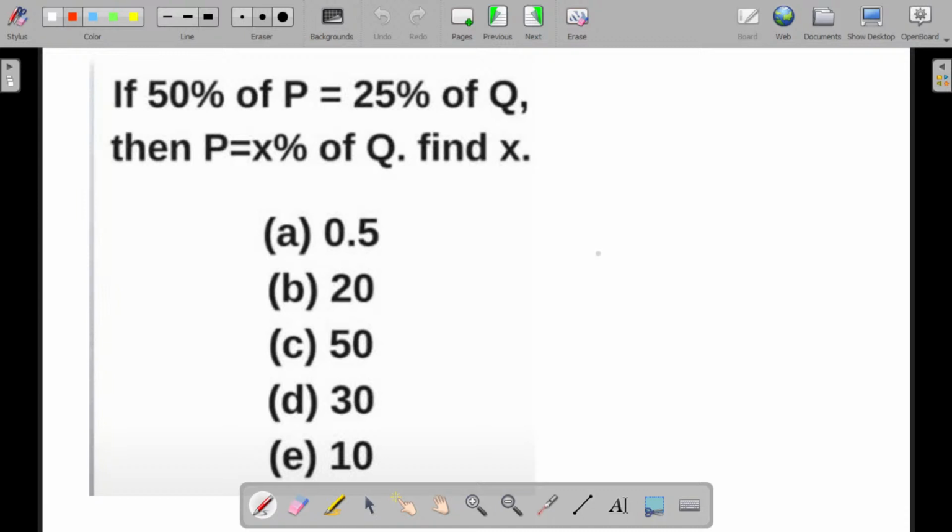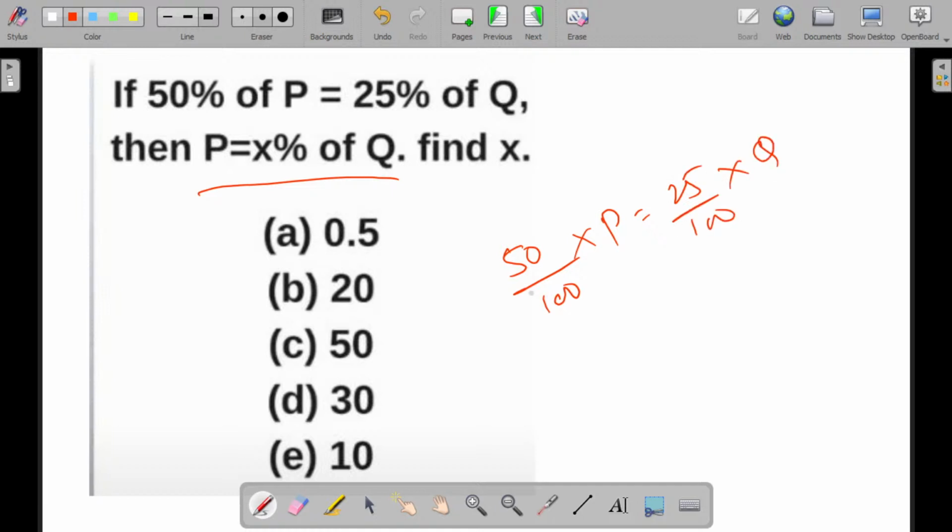If 50 percentage of P is equal to 25 percentage of Q, and P equals X percentage of Q, then find the value of X.